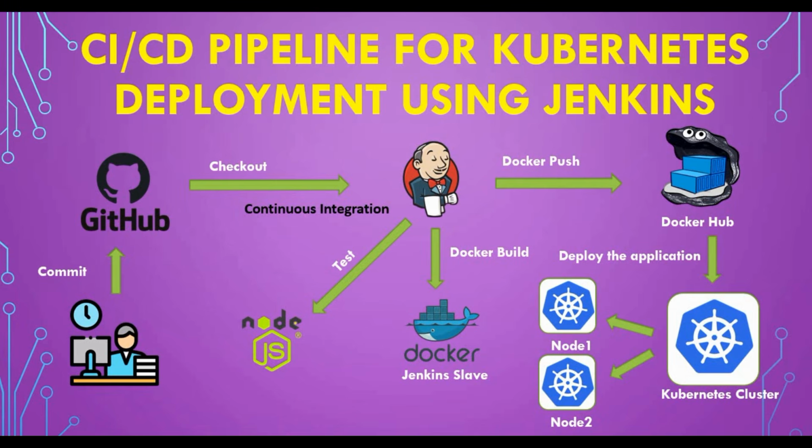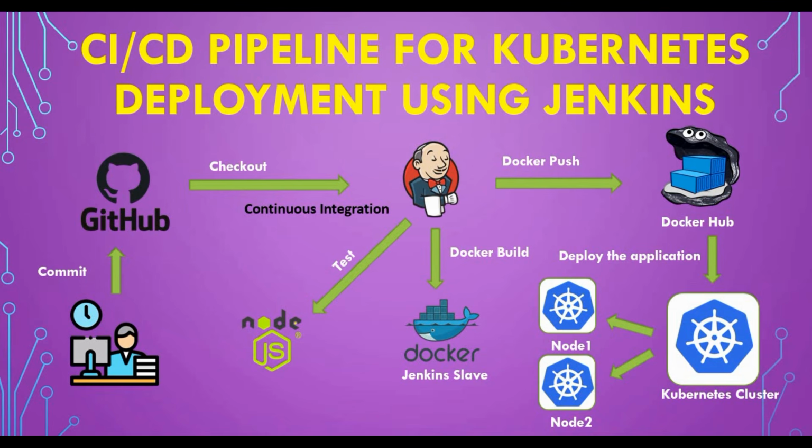Our concept was how you can integrate your Jenkins with the Kubernetes cluster, so that you can push your application into the Kubernetes cluster. There are some key things which we discussed, like how to create your credential manager for Docker Hub login, and also how we can use the kubeconfig file for creating the credential manager for Kubernetes integration.